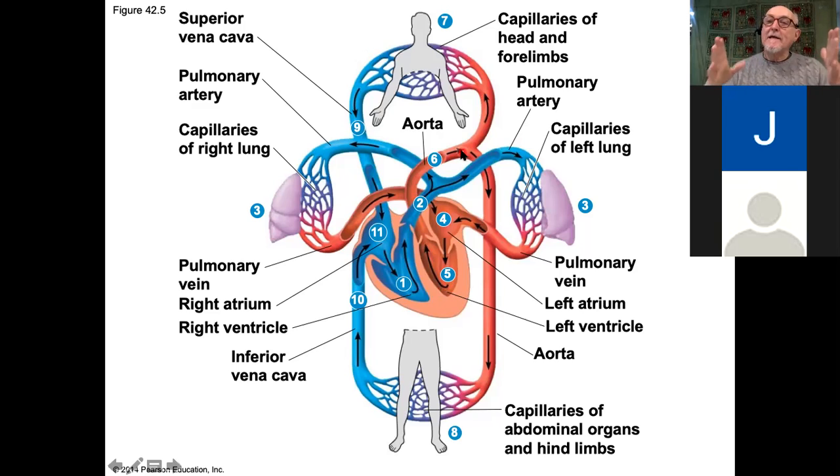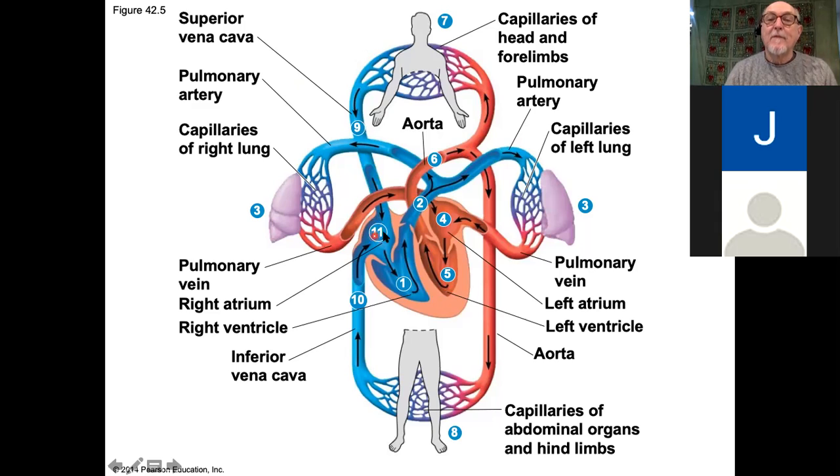And the aorta divides into one branch, which supplies the head and the trunk with oxygen, and it is returned to the right atrium through this vessel here, which is called the superior vena cava.